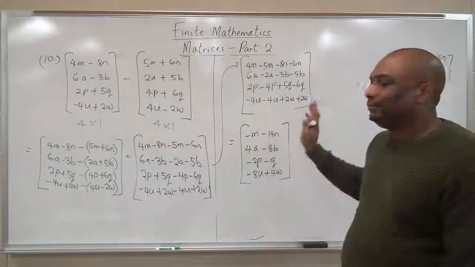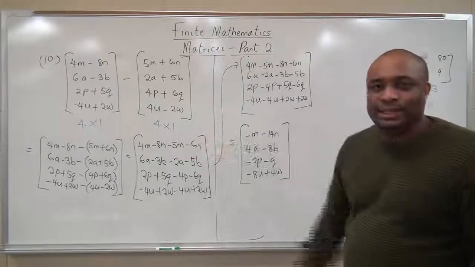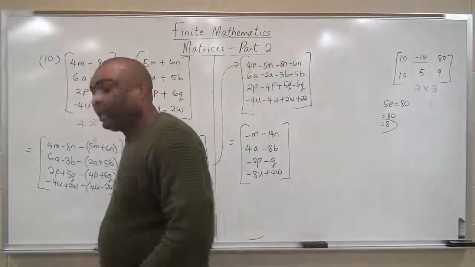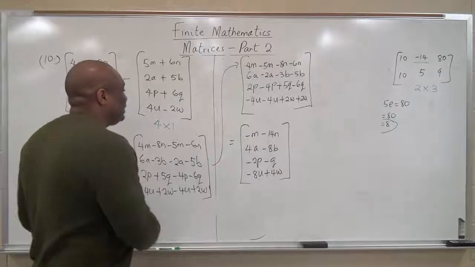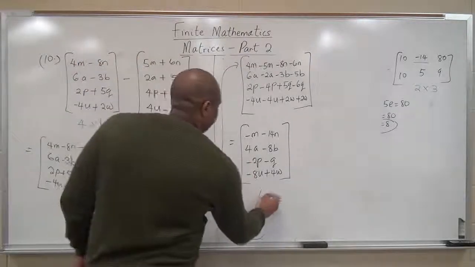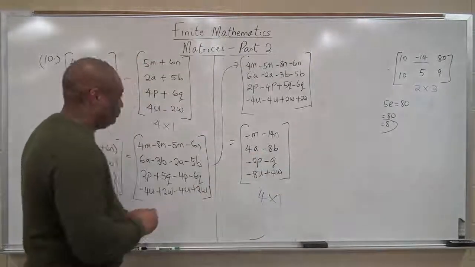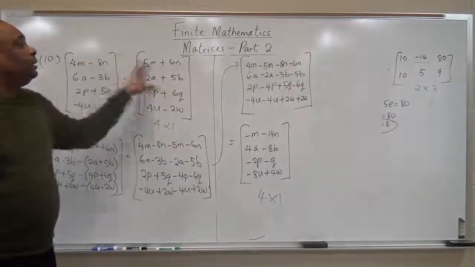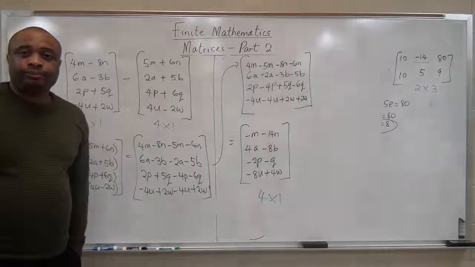Some folks will say, Mr. C was just wasting his time. Okay, I am considering a large audience. Now you see that this is 4 by 1. It will have the same order as the order of the individual matrices.